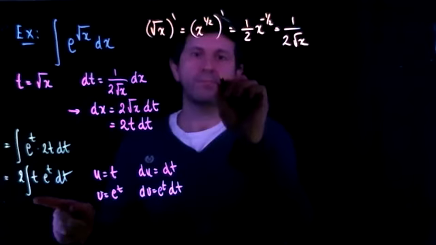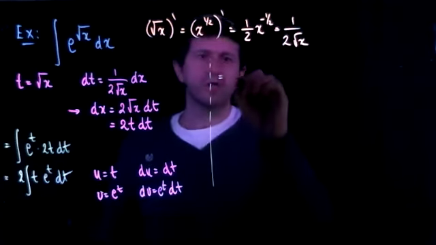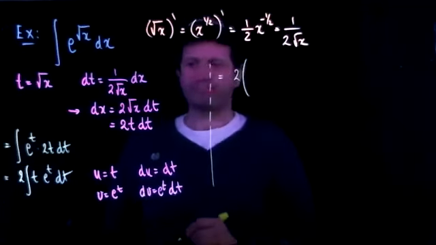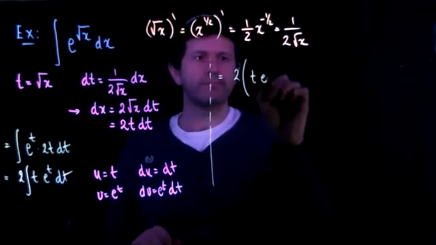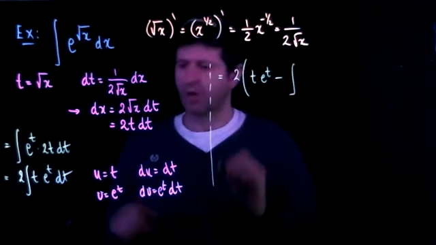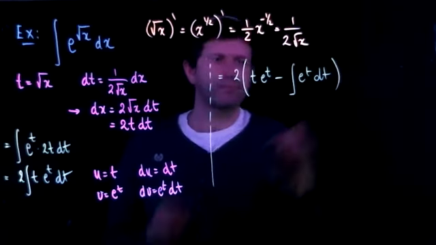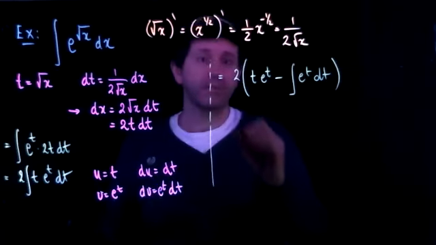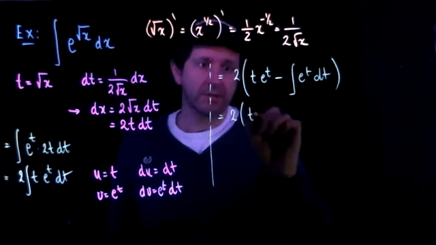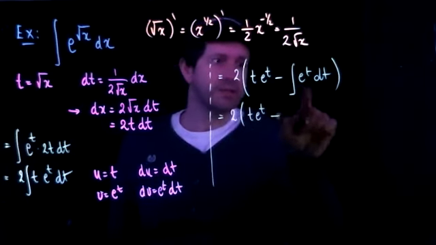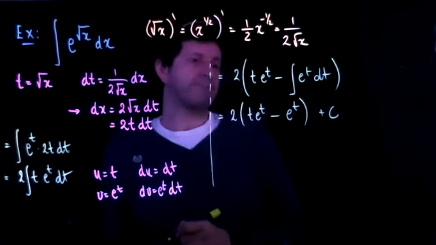Okay, let's go. Let's finish it up. So it's 2 times uv minus the integral of v du. Which is 2 times t e to the t minus the integral of e to the t, which is just e to the t plus c.